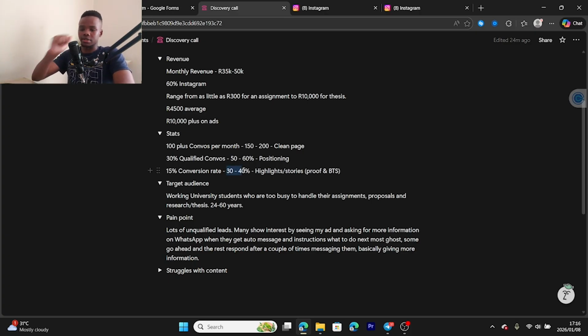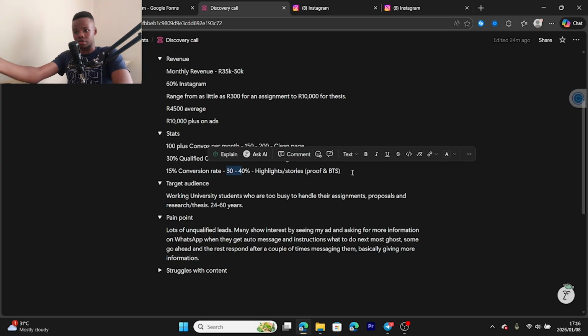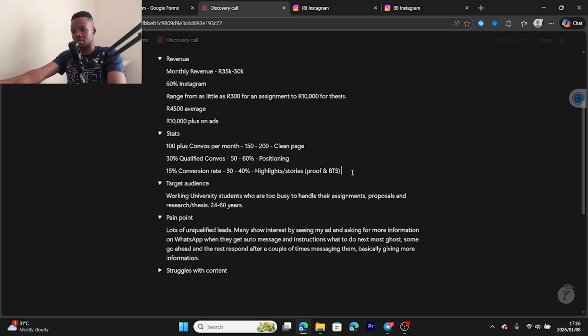And we can increase this. So let's say we actually do increase this to 30 to 40%. Let's just say 35%. Let's say this increases to around 150 people, at least, with 50% of these people qualified. So it's like 50 to 60, let's say 55%.